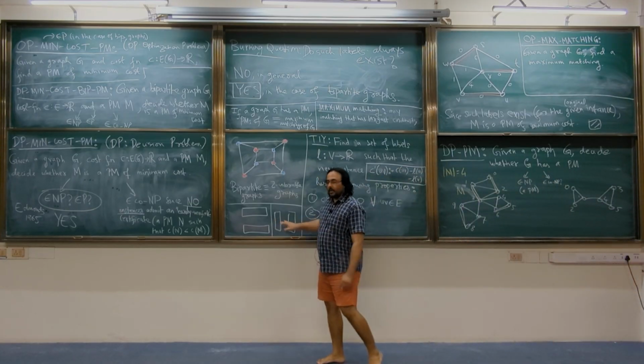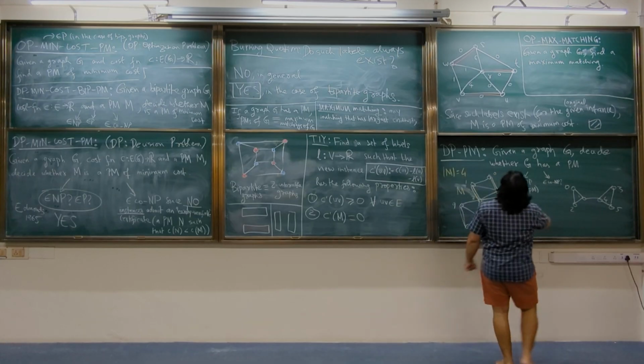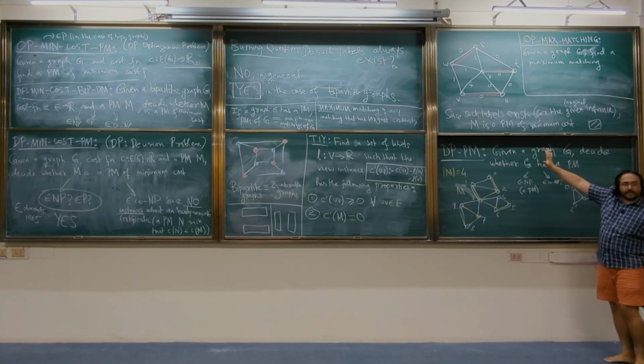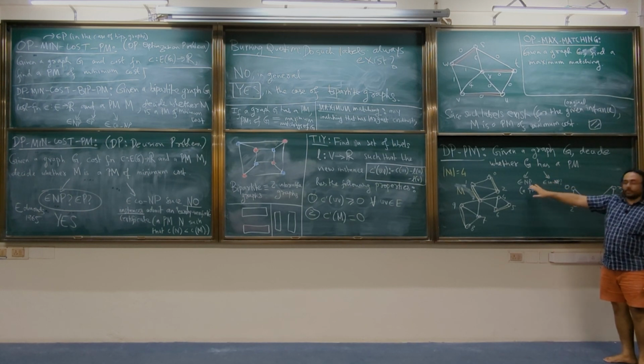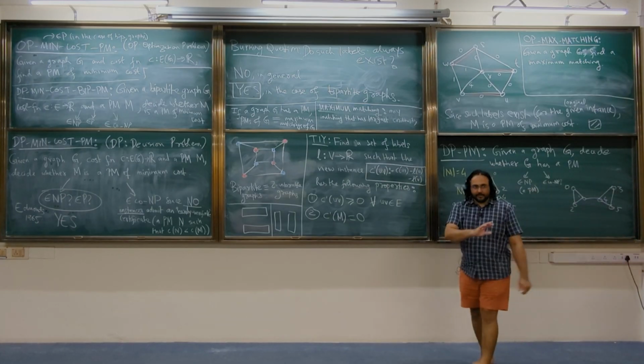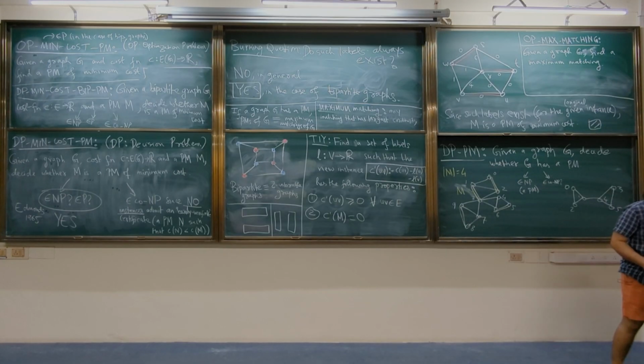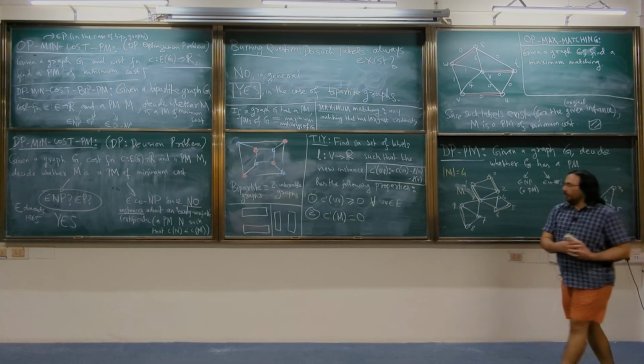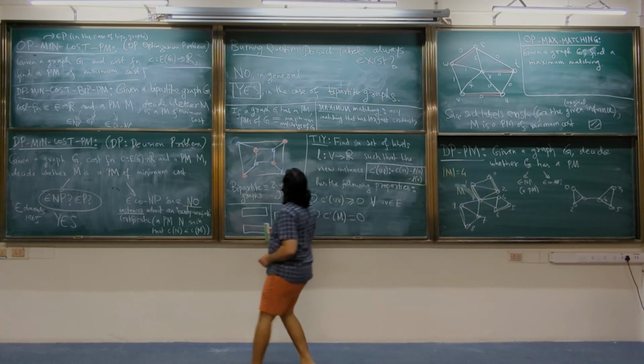And now what I want to do is discuss this decision problem restricted to bipartite graphs. We can already see the problem belongs to NP. You just show a perfect matching. Why does it belong to co-NP? Some of you would have seen this in your earlier courses. And for those of you who haven't seen it, let's make sure we are on the same page.